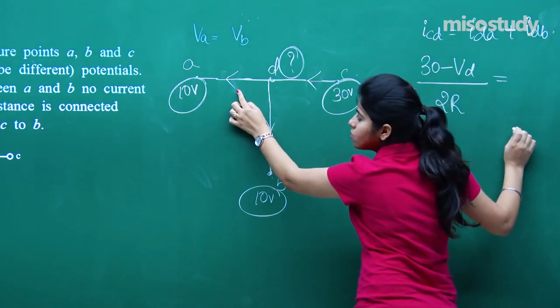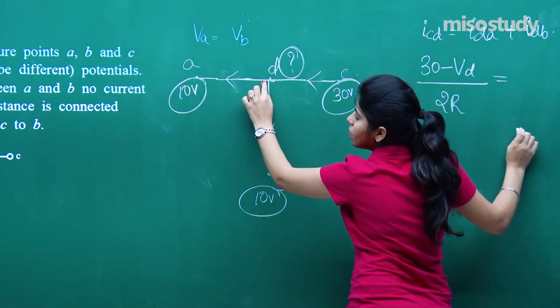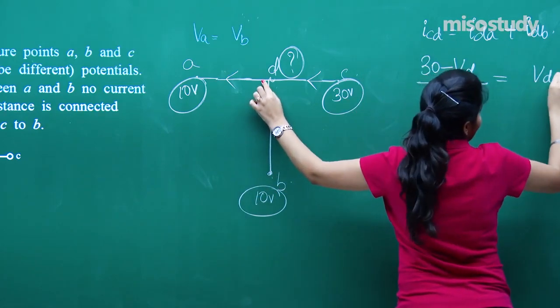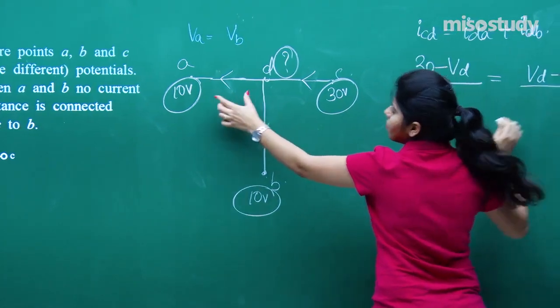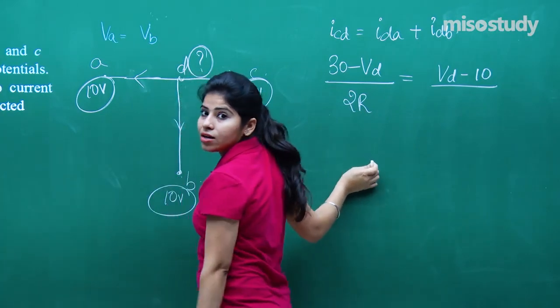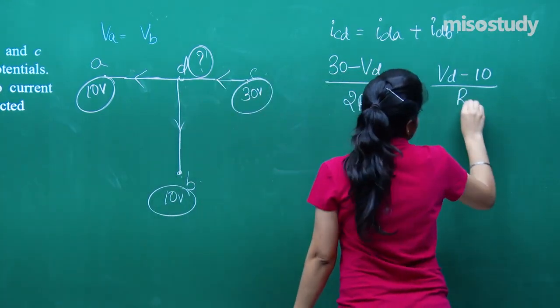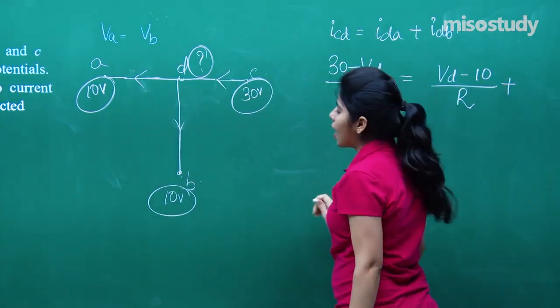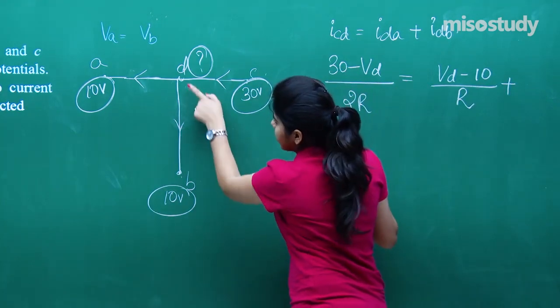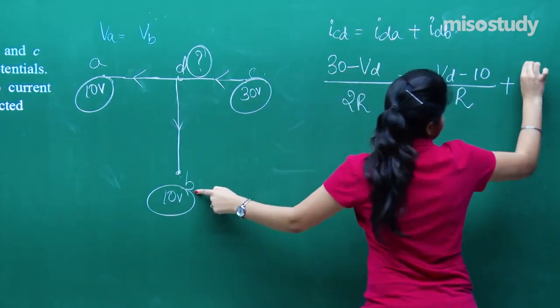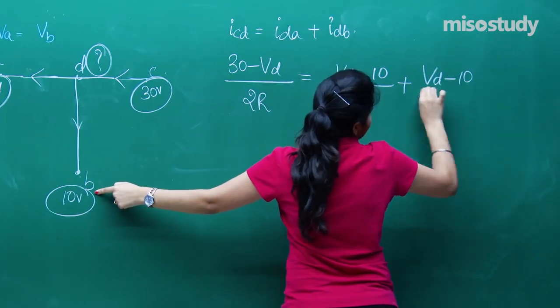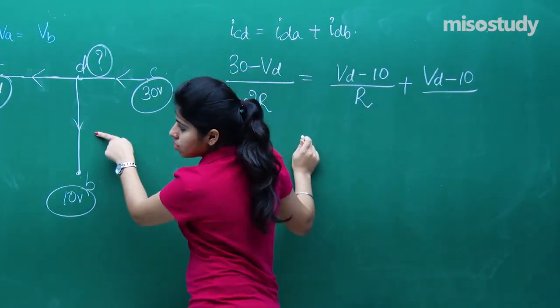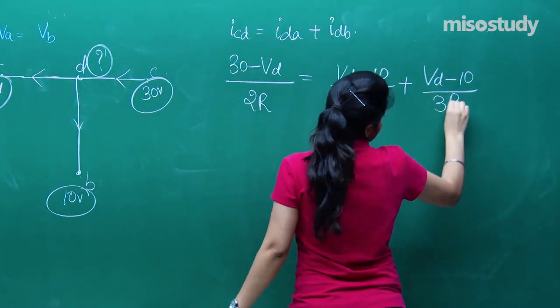Now because the current is flowing from D to B, we will be taking VD minus 10 divided by the resistance R that is given in the circuit, plus IDB, again VD minus 10 divided by 3R, right?